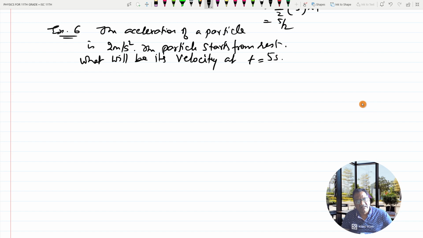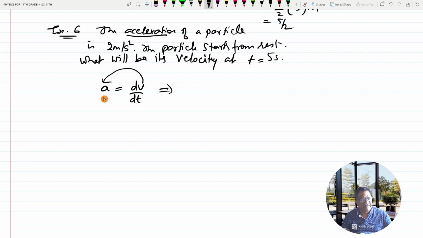This is the question. This is purely a physics question, so let us use our mathematics. The acceleration of a particle is given, and we know mathematically acceleration is dv by dt. So the derivative of v is a.